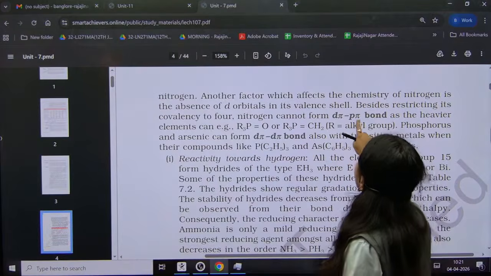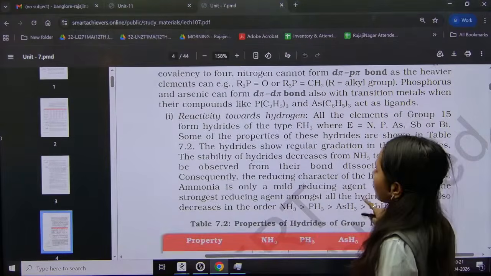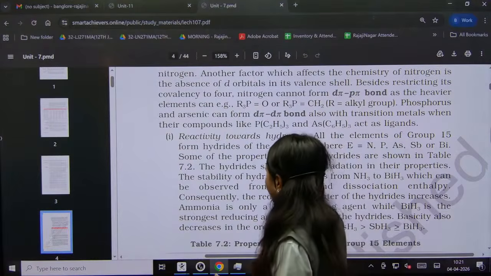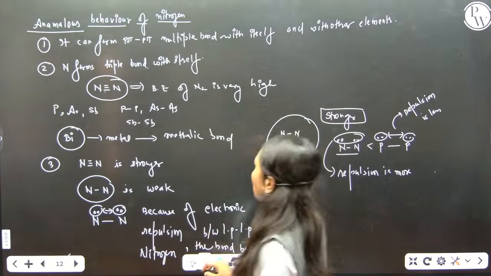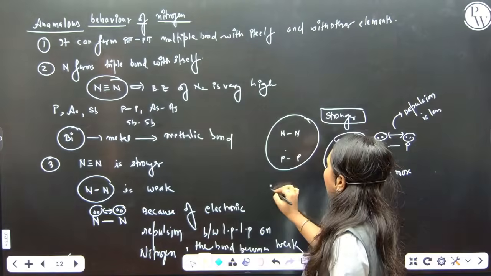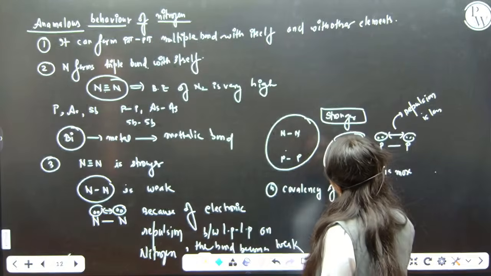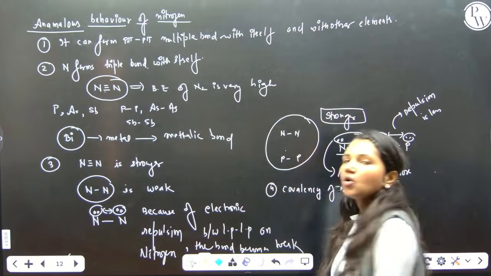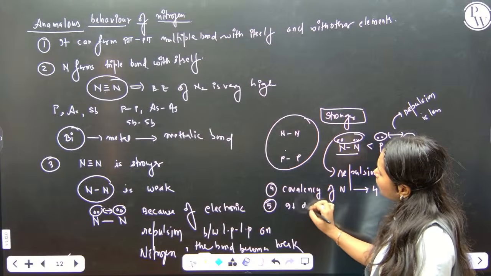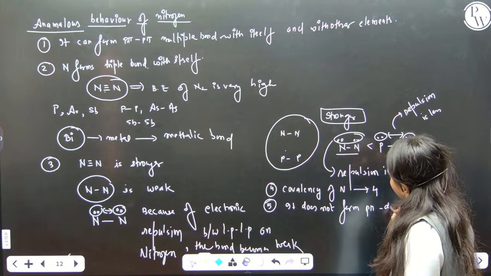They cannot form d pi p pi bonds. N cannot form d pi p pi bonds, and its covalency is up to 4. What is the covalency for nitrogen? Covalency for nitrogen is only 4, and it does not form p pi d pi bonds.